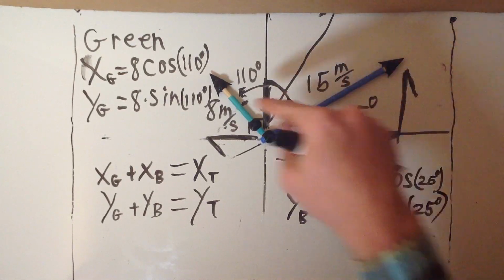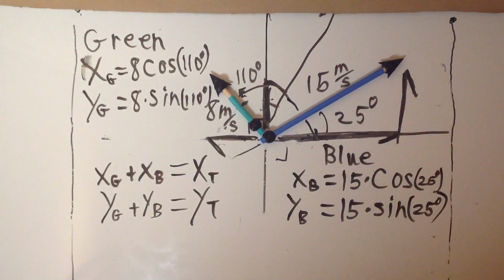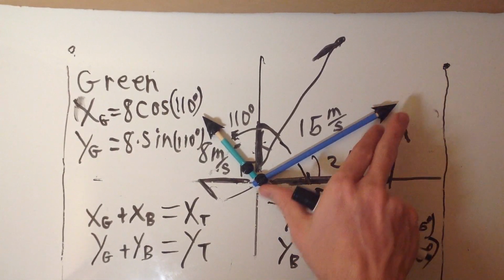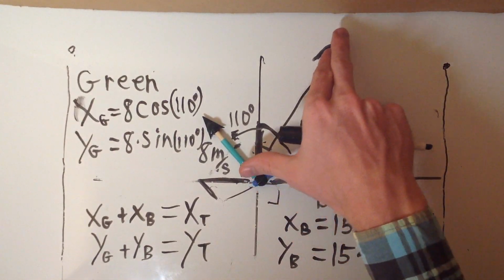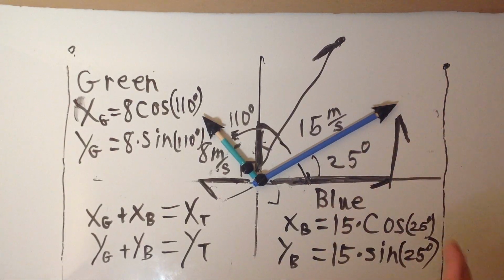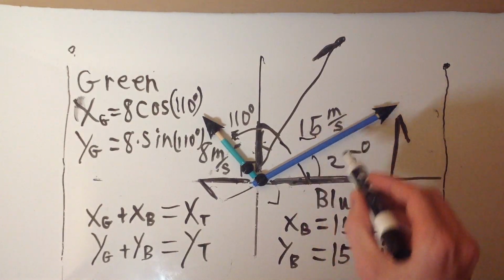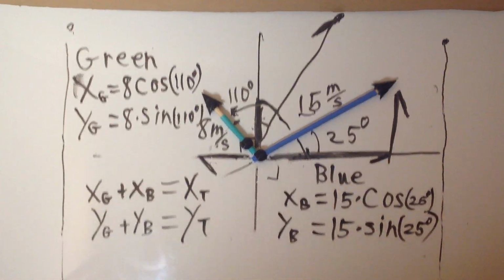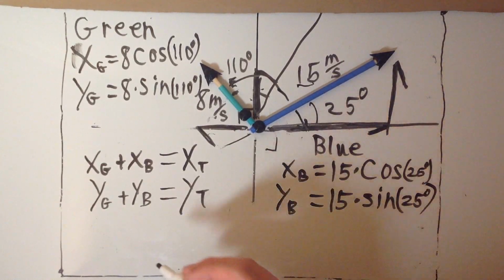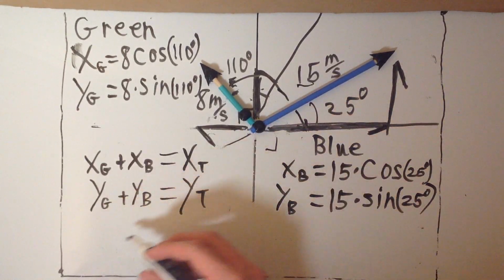So it looks like if we put the green on the blue up here in the corner, our vector is going to be just a little bit longer than our blue vector. So your answer should be somewhere a little bit higher than the 15 meters per second that describes our blue. But you'll see the answer in the comments. Hopefully you didn't peek too soon.